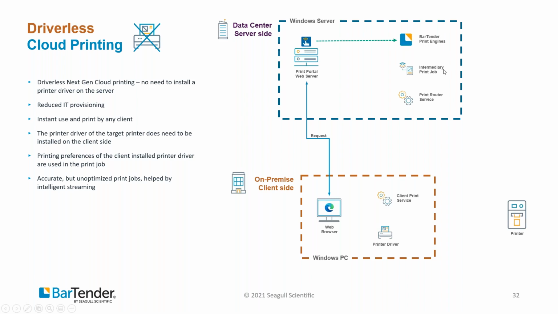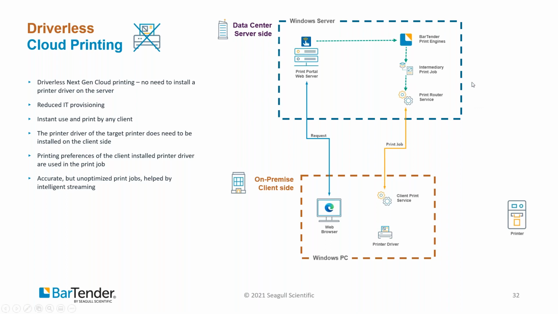We are in fact producing the print job to an intermediary format. So rather than a native print code file, it's in an intermediary format, a generic format, which in turn is then passed to the print router service and down to the client print service.